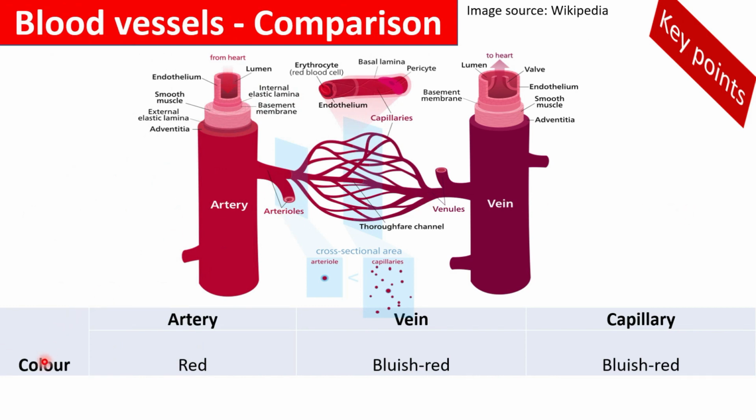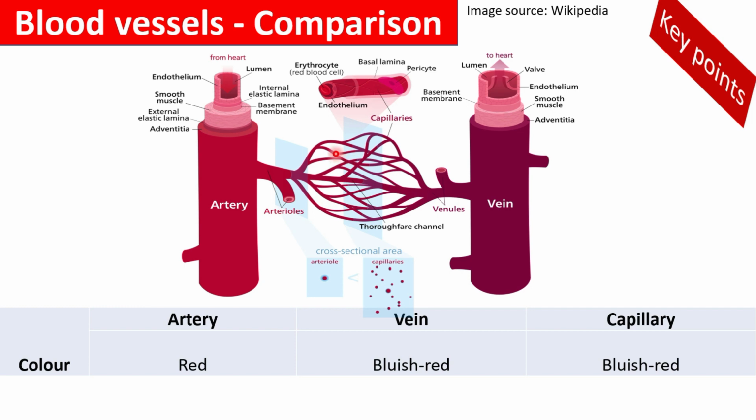The next comparison is color. The arteries look red in color. The reason is it carries oxygenated blood. When the oxygenated blood enters inside capillaries, here it will have more oxygen, and here in the capillary region, exchange of gases and food material will take place here.